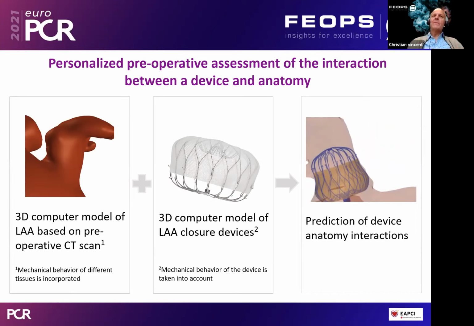And with the acquisition of the device from Boston Scientific, we were making the acquisition of the Watchman Flex in this case. And with the interaction between the anatomy and the device, we can really observe with the FEops HEARTguide how the device will interact into a specific anatomy. In other words, all the images that you will see today are not overlays, but are really how the device is deforming into a specific anatomy.